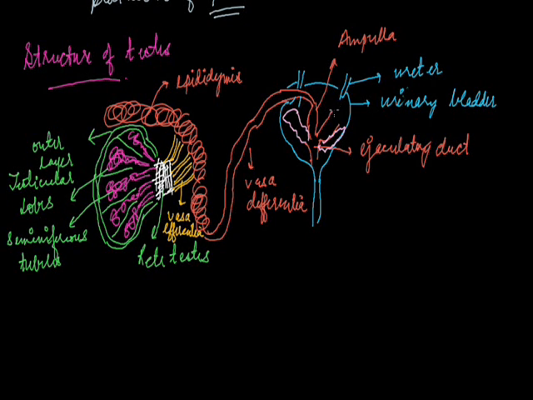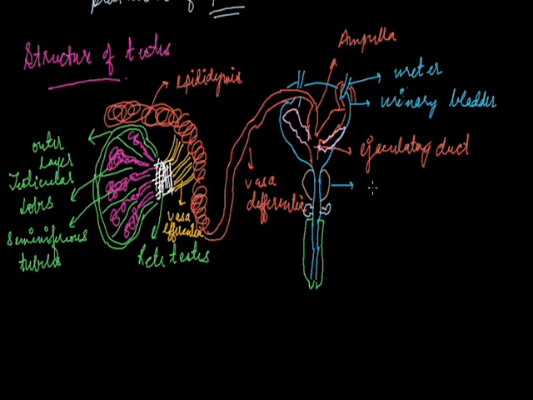This is the urethra. The seminal vesicle is also present in pair form. Here is the ampulla, and this is the vas deferens coming from here. Upon this urethra is present the prostate gland. This is a single gland. Below it are present bulb-like structures known as the paired bulbourethral glands, and here is the male copulatory organ or the external genitalia, that is the penis.